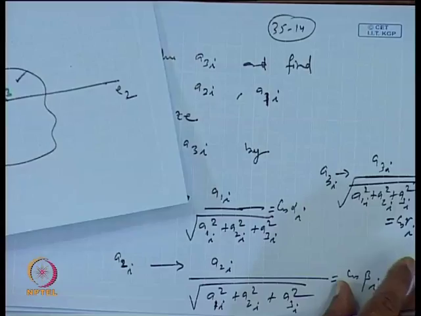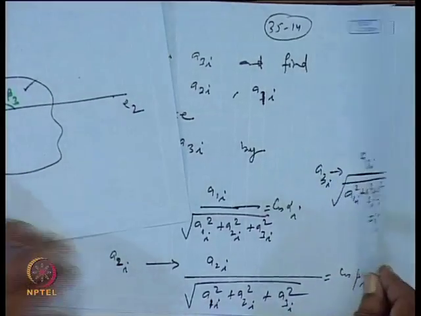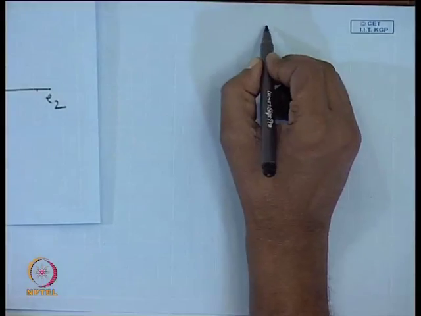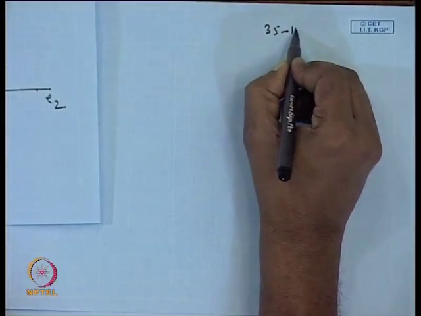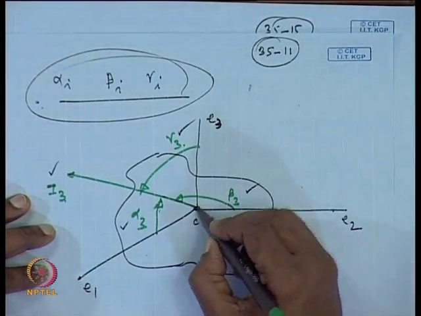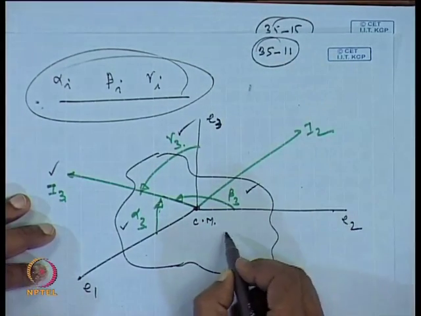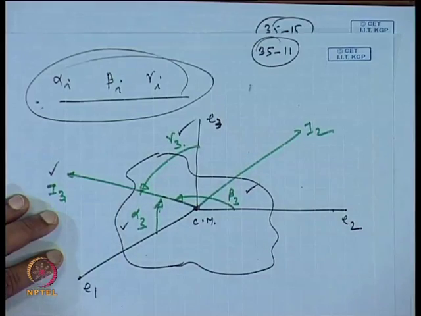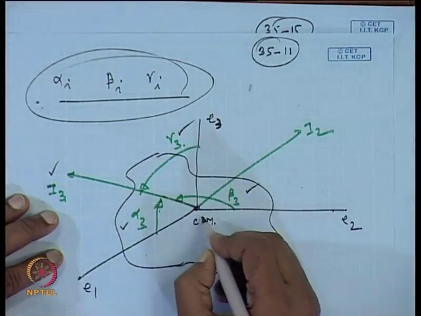In the same way, you can choose the next direction. So, we can choose the next direction here, let us say this is your I 2, okay. And similarly, then you have to work out all these angles.